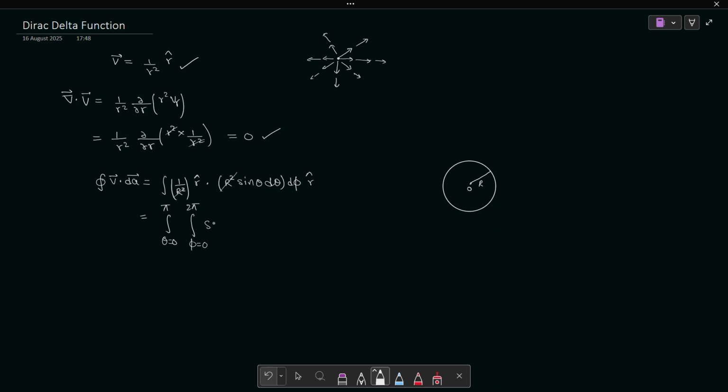So that will be sine theta d theta d phi. So this d phi integral will give you 2 pi, and when you do the sine integral, that will be cos theta, and then you will get a factor of 2 extra. So basically what you will get is 4 pi.